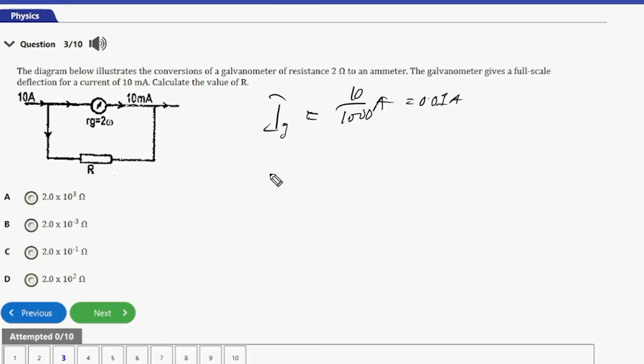But here again, we notice that the input current is 10 amps. So to get the current across the shunt, we're going to have 10 amps minus 0.01 amps, that's 9.99 amps. So that will be the current across here.